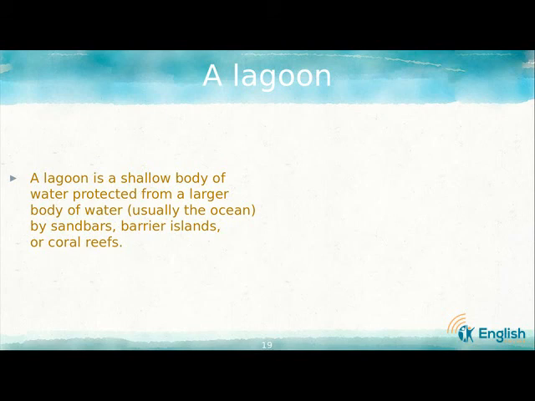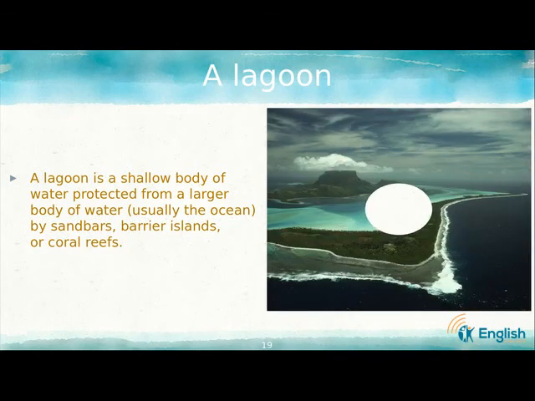What's a lagoon? It is a shallow body of water protected from a larger body of water, such as the ocean, by sandbars, barrier islands, or coral reefs. Let's look at the picture. Here you can see the ocean, or you can say the sea, and then there is a small island.